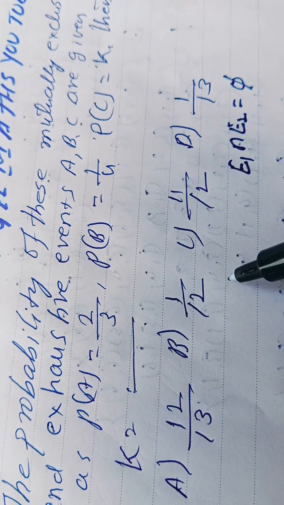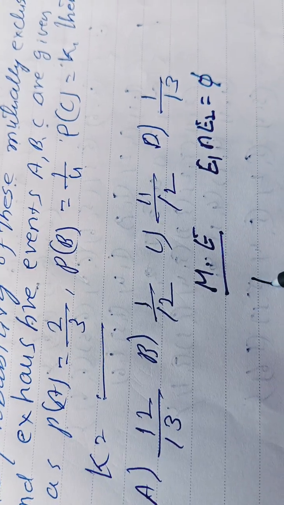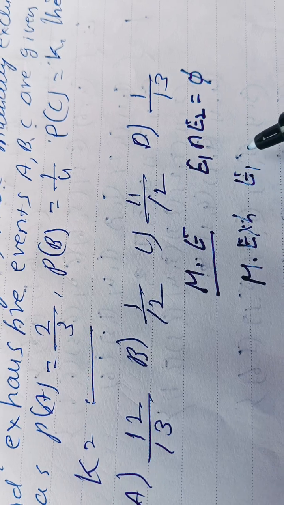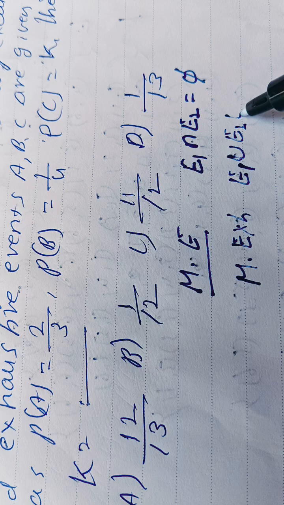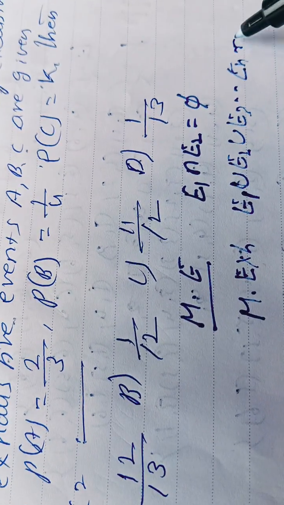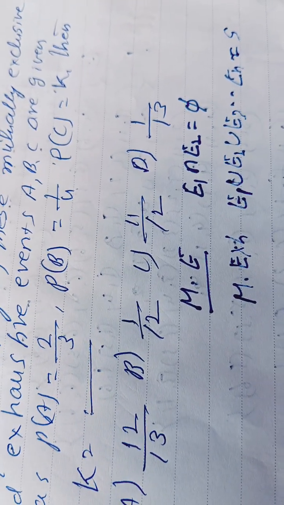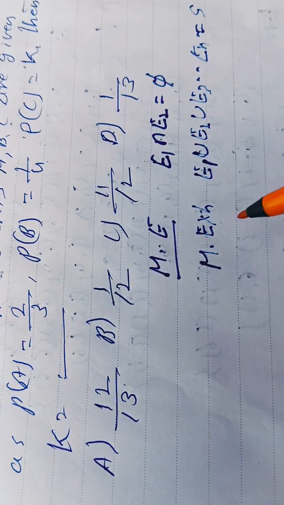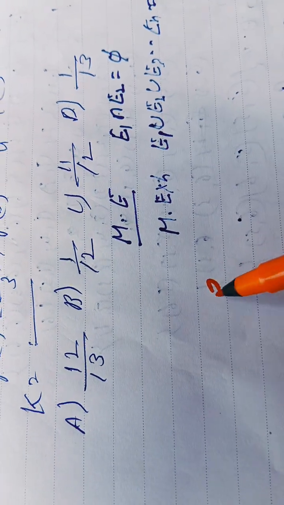Mutually exhaustive means E1 union E2 union E3 and so on En is equal to S. If the events are mutually exclusive and mutually exhaustive, then the sum of their probabilities is always equal to 1.